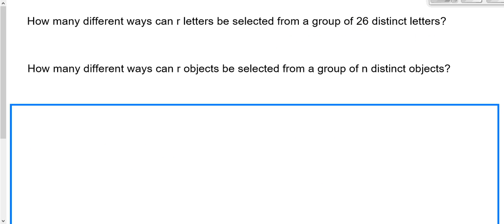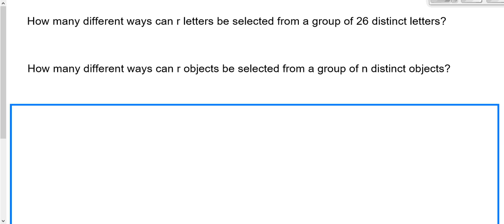So now we're going to generalize this. How many different ways can R letters be selected from a group of 26 distinct letters? So R is a whole number between 0 and 26. Let's make that assumption. And you're using R letters, so you're not using how many?